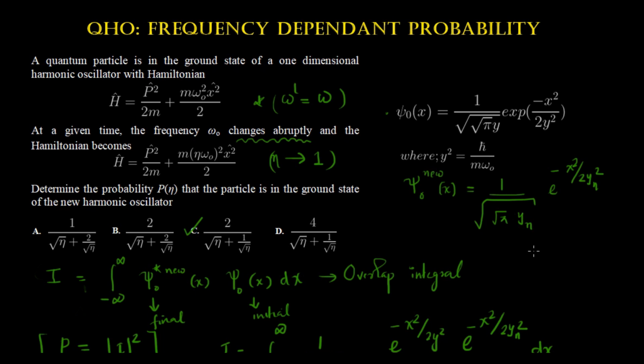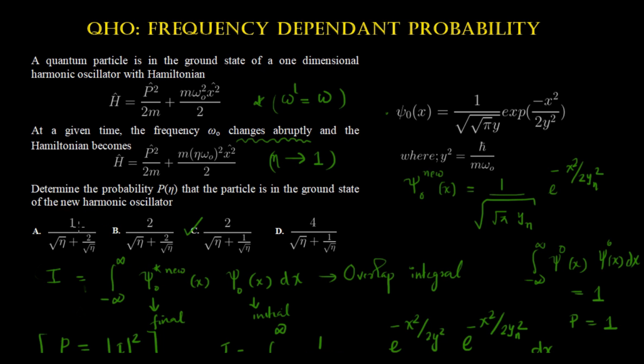So you have the overlap integral from minus infinity to infinity of psi 0 of x and psi 0 of x dx, that will be equal to 1. The square of that will also be 1, so the probability has to be equal to 1. So just put eta equal to 1 and check the options.